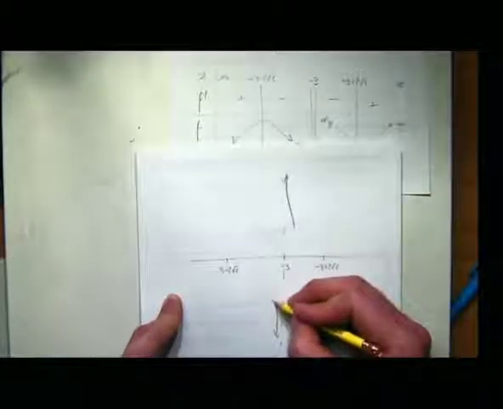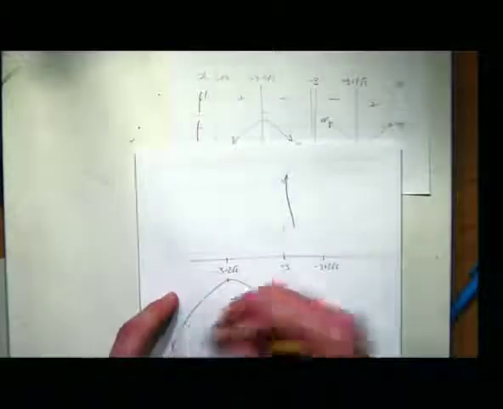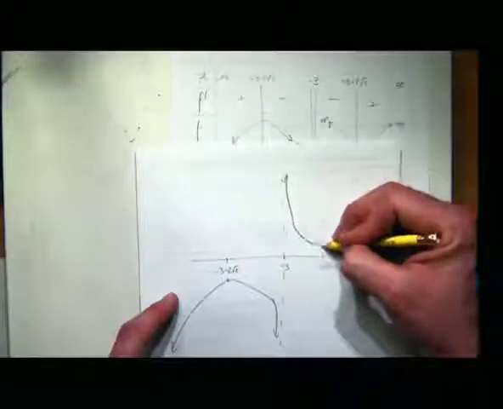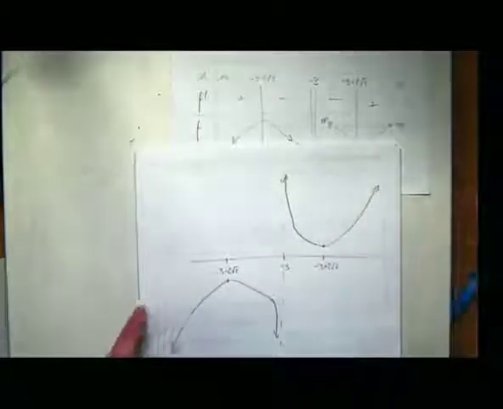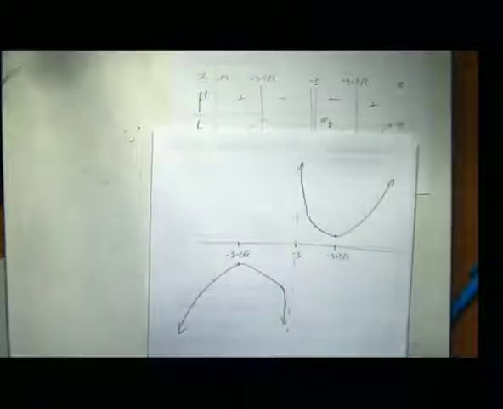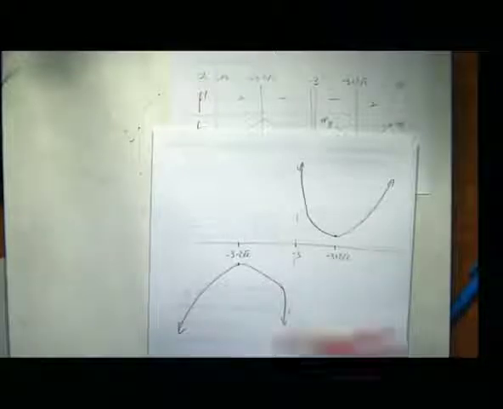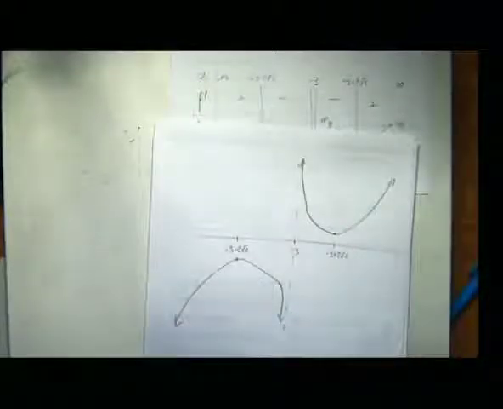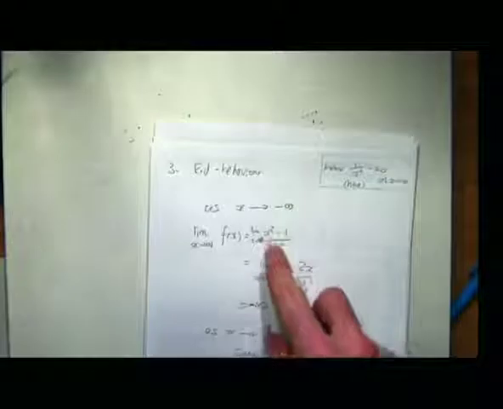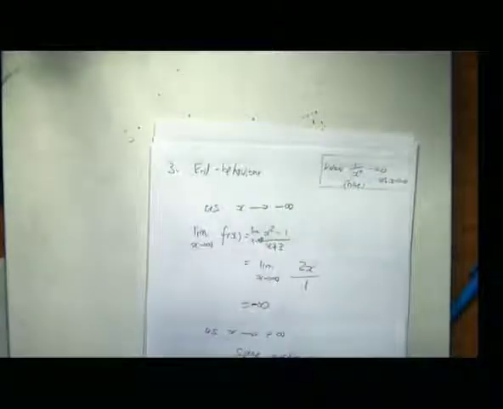It's going to come up, it's going to have a turning point here, and then it's going to go down again. And this is going to come to here, have a turning point, and go up again. Something like that. It's actually approaching the line y equals x here. I know that because this is approximately x squared on x, which is x. So, yeah.